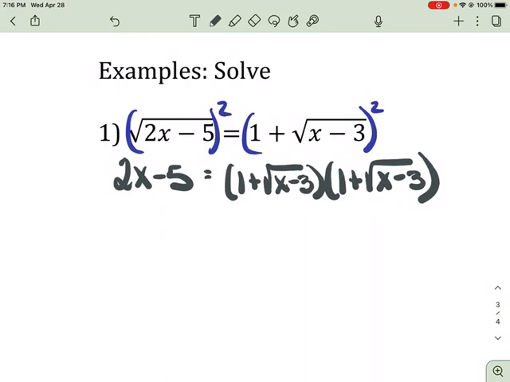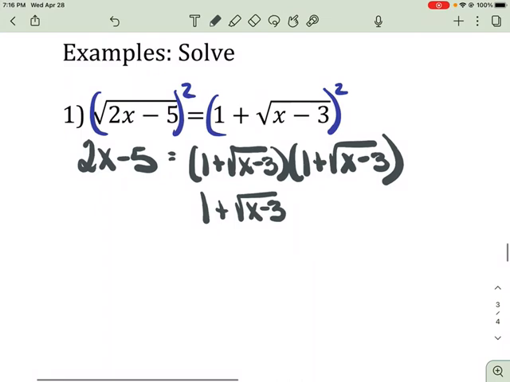So, FOIL: 1 times 1 is 1. 1 times the square root of x minus 3 is the square root of x minus 3. Square root of x minus 3 times 1, so plus the square root of x minus 3. Now you have the square root of x minus 3 times the square root of x minus 3. Multiply what's underneath.